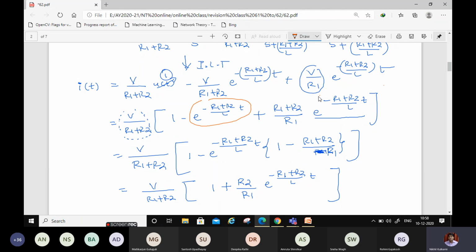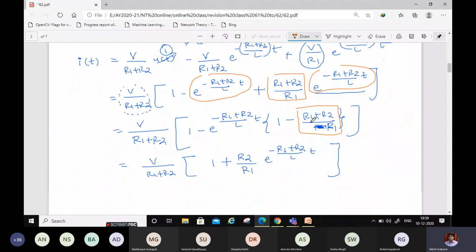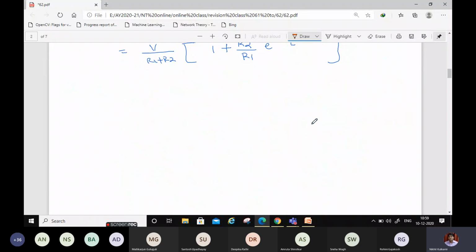So what I will get is R1 plus R2 divided by R1. Do you understand? Follow the same thing for the assignment I have given.